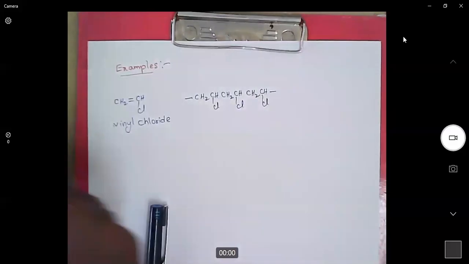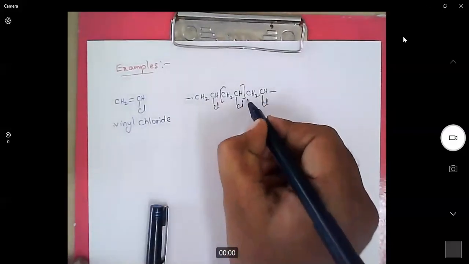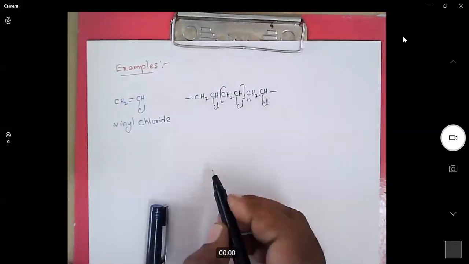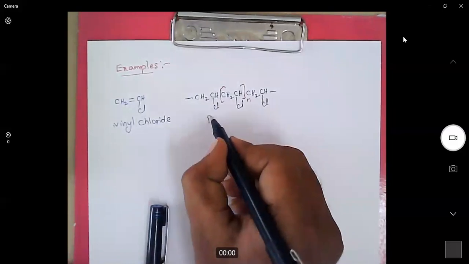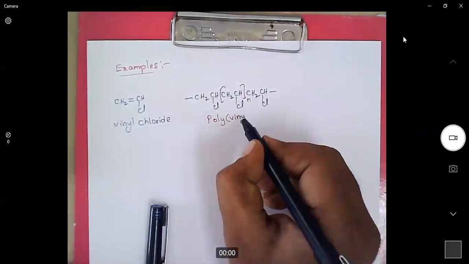Now the monomer is CH2CHCl. So this is the monomer, which is why I am representing it in a square bracket. The polymer is called polyvinyl chloride.